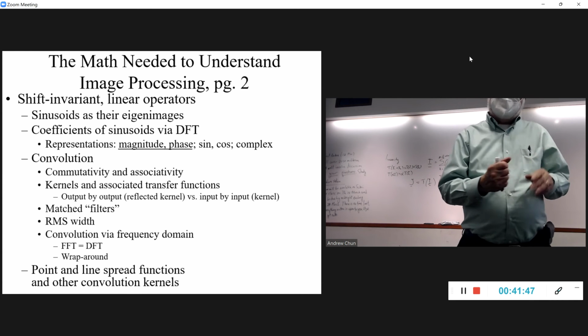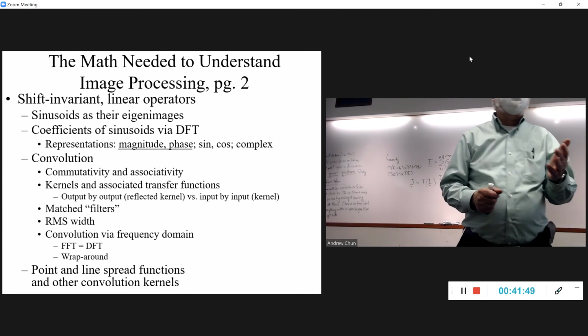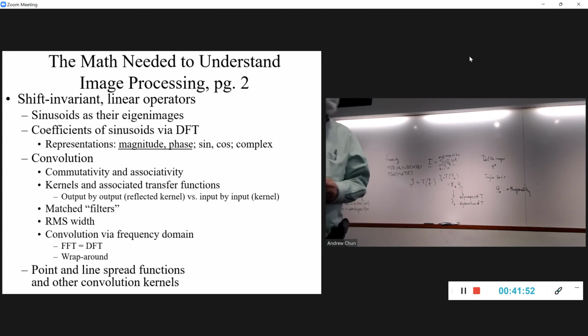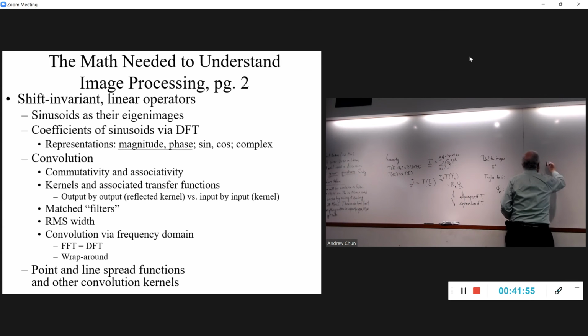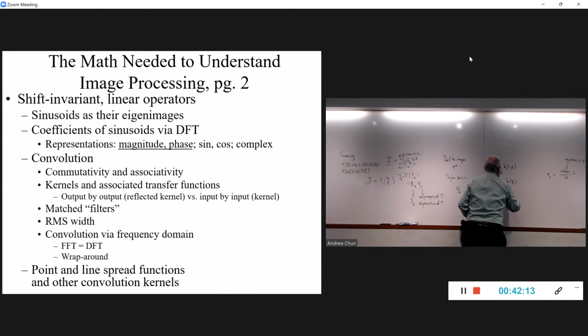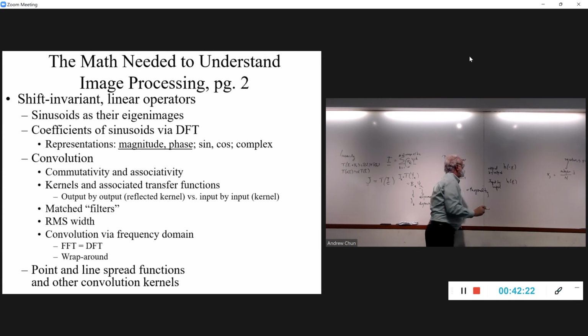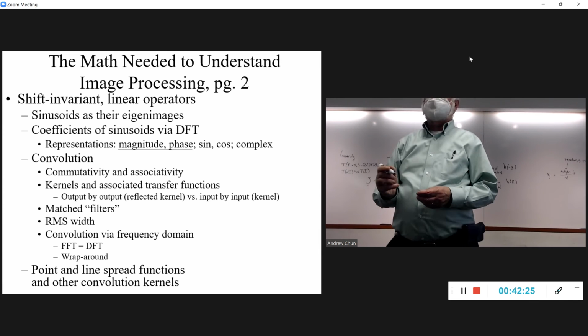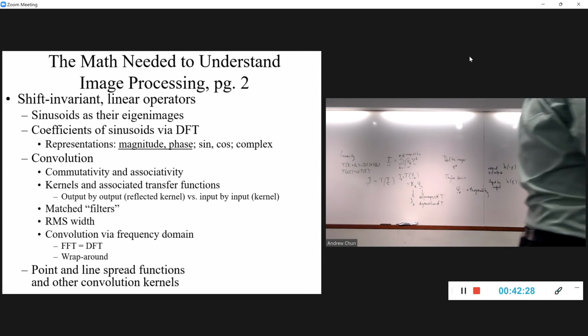So this two-way looking at things, output by output, where the kernel h of minus x is what you need when you look at it output by output, or h of x, which is what each pixel is when you think of it as input by input. There's an important thing for you to know and could be examined. Yeah. By output by output.